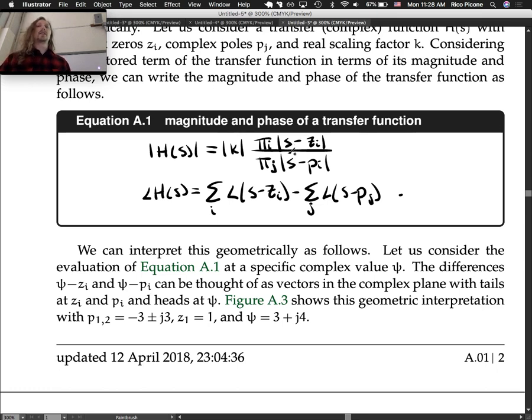If you plug in s equals psi, then we get psi minus z_i, psi minus p_i showing up all over the place, right? These can be thought of as vectors in the complex plane, with vector subtraction as the idea, with tails at z_i and p_i and heads at psi.